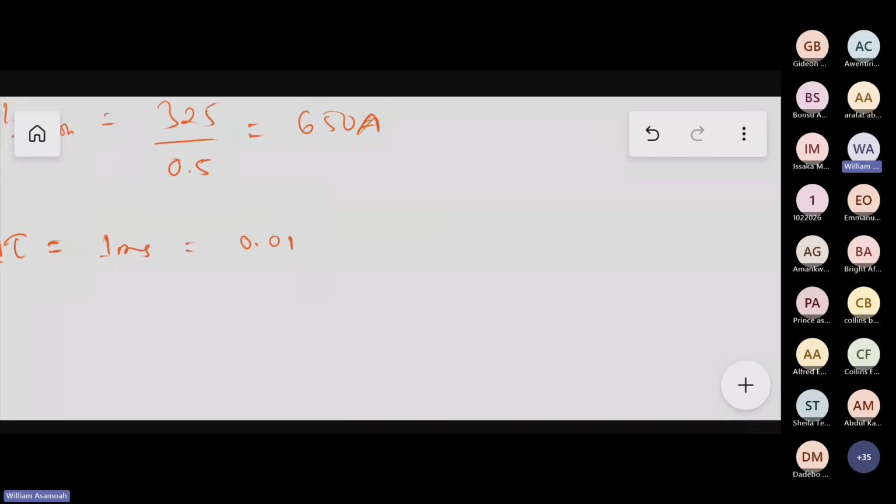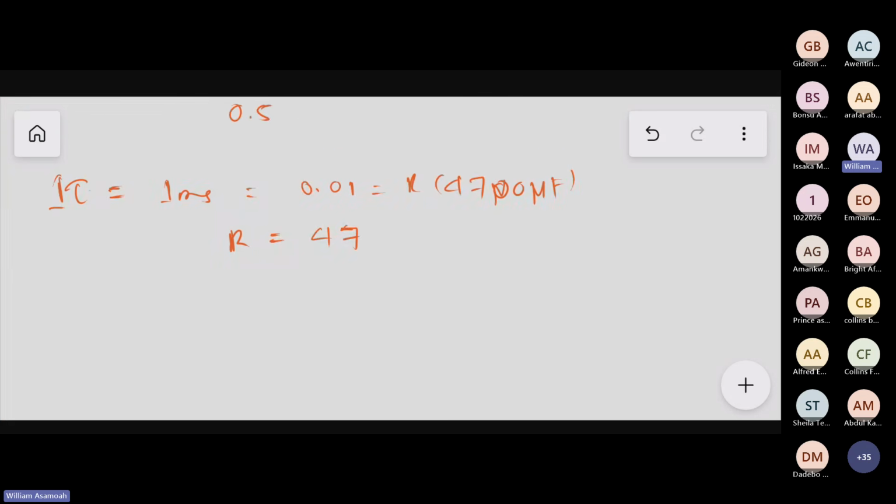So that means we have 0.001 is equal to R times 4700 micro, right? So we make R the subject. And what do we get? 47 ohms.